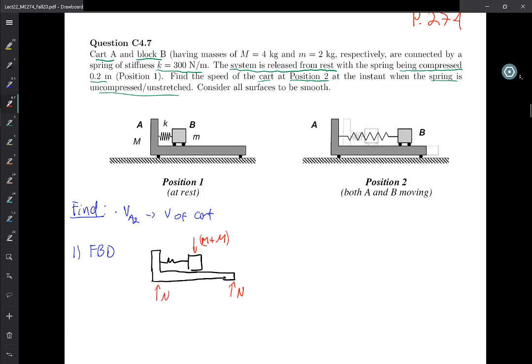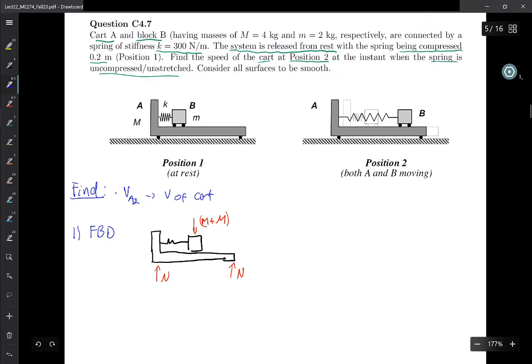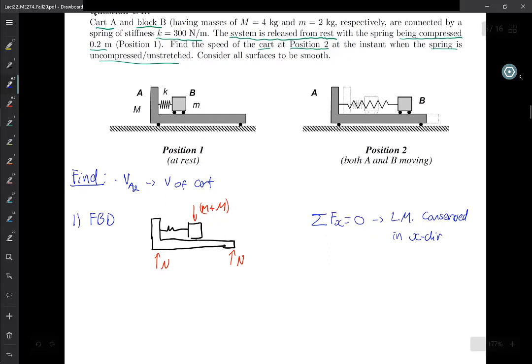Are there any other external forces applied to this system? The surface is smooth, so we don't have any friction. Do we have anything nice about momentum here? No forces in the x direction, right? So the linear momentum is conserved. That's going to be useful.